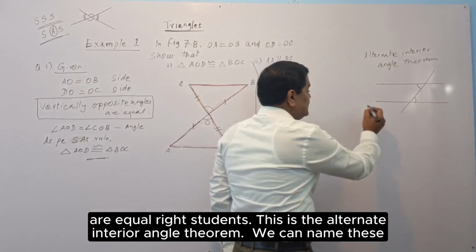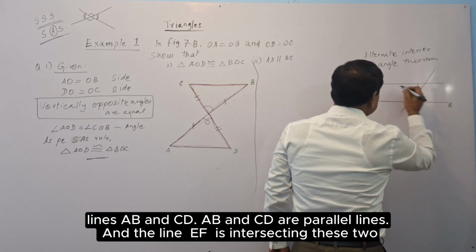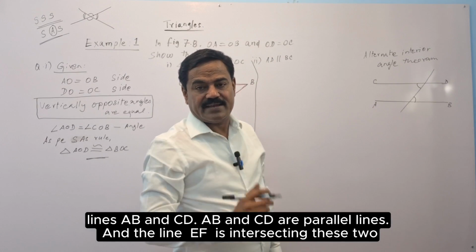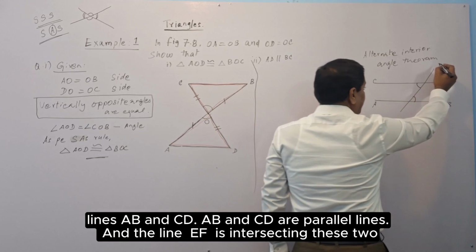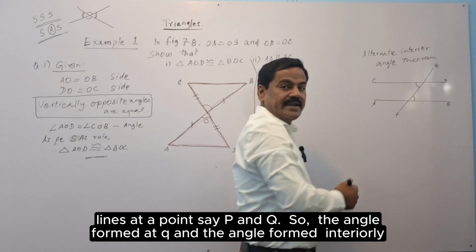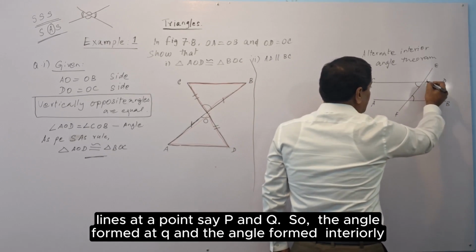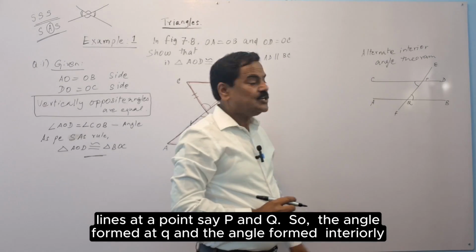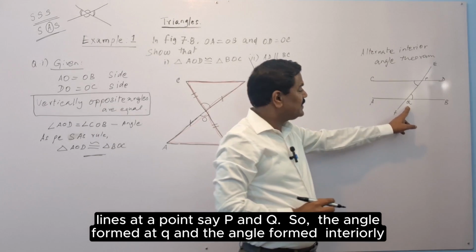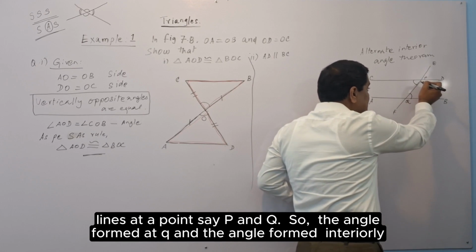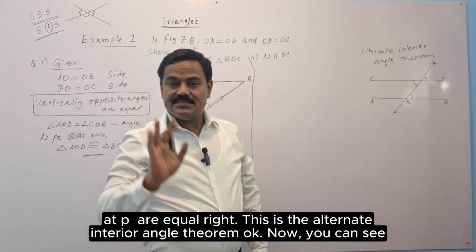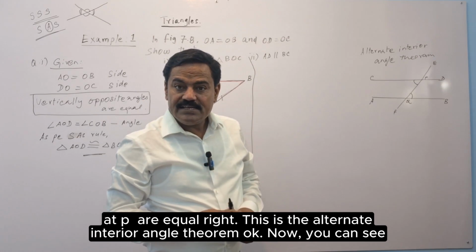We can name these lines AB and CD; AB and CD are parallel lines, and the line EF is intersecting these two lines at points, say, P and Q. So the angle formed at Q and the angle formed interiorly at P are equal. This is the alternate interior angle theorem.